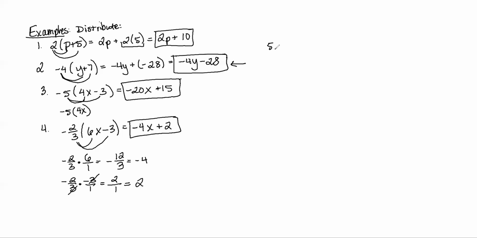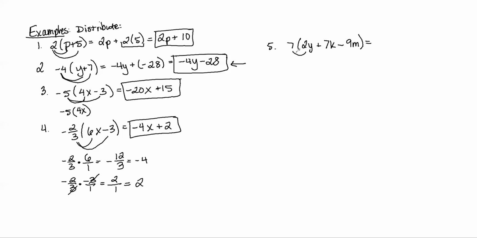These last ones are a little bit longer. So number 5, we're given 7 times (2y plus 7k minus 9m). So this works exactly the same with 3 terms instead of 2.